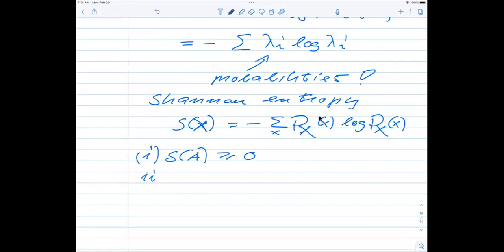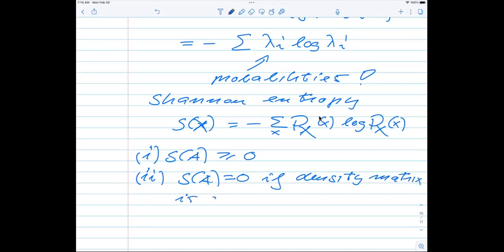We have S of A equal to 0 if the density matrix is given by a pure state. So that's also a very useful way to define whether we have a pure state or not, by simply calculating the eigenvalues of the density matrix.